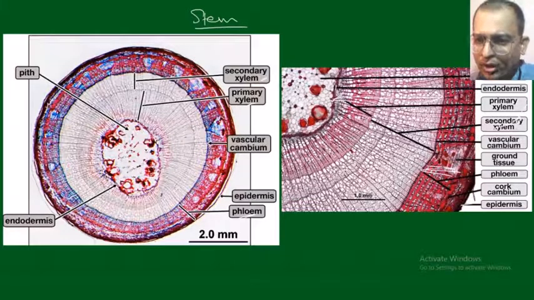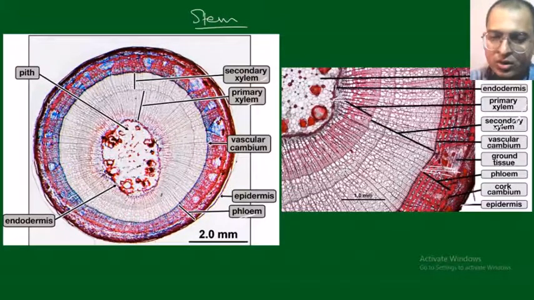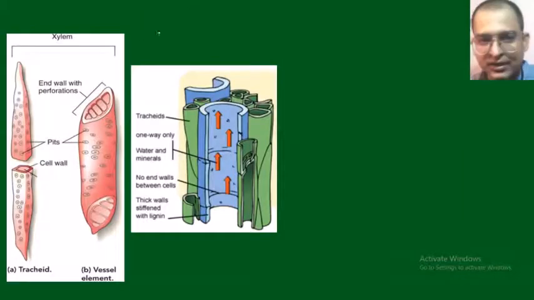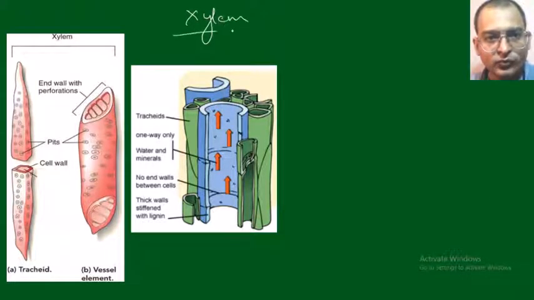So broadly we are seeing that there are two tissues here, that is the xylem and phloem. What are the types of cells that are present in the xylem? The function of the xylem, as you already know, is the conduction of water and minerals.